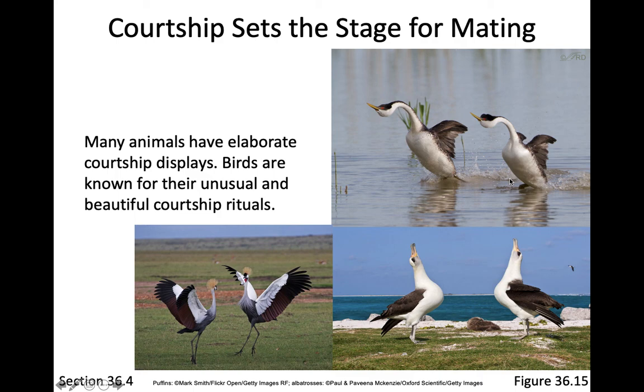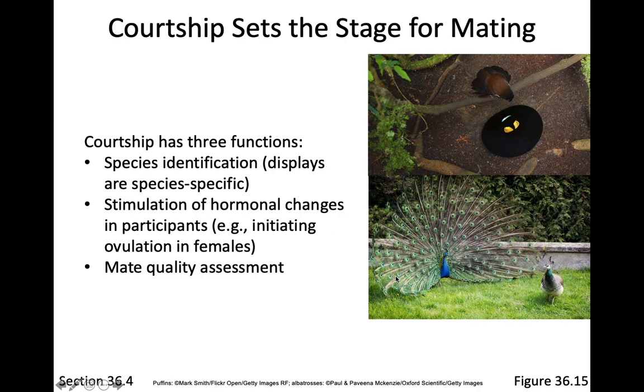Birds are known for their beautiful courtship displays, but most animals will do this. Why do these animals go through these silly little weird dances and jump around and run around on the water and put their heads up and bow and touch beaks in these certain ways? Why do these silly little behaviors exist?